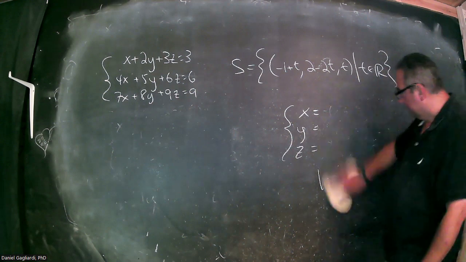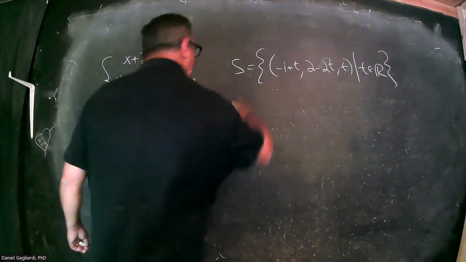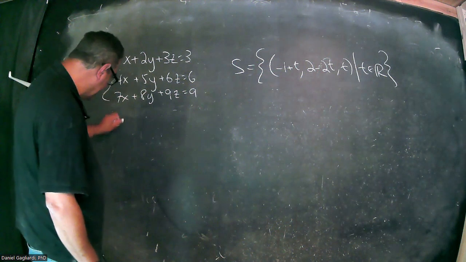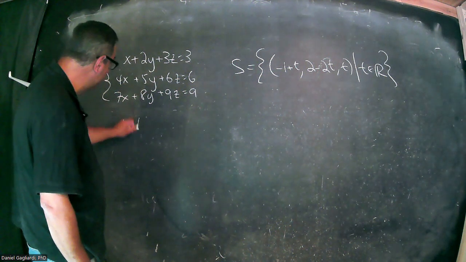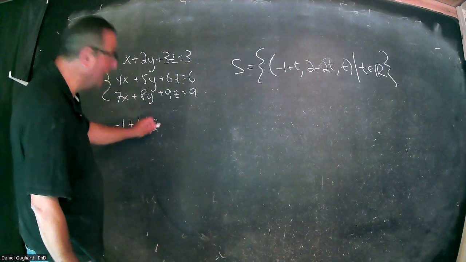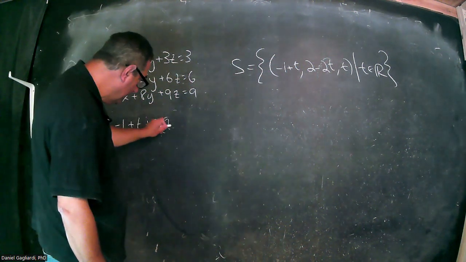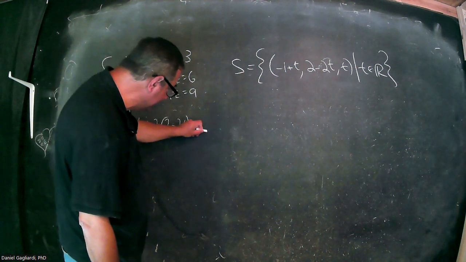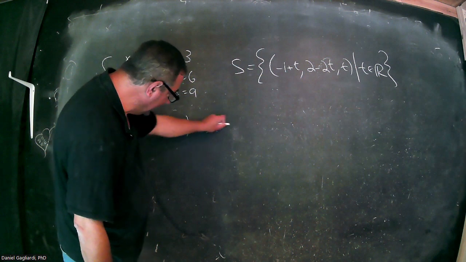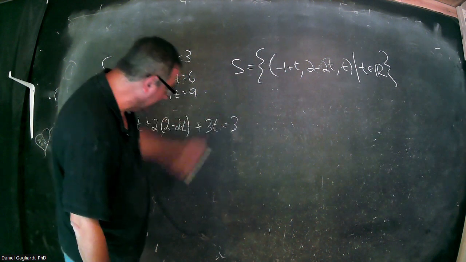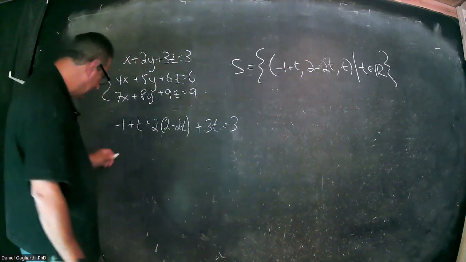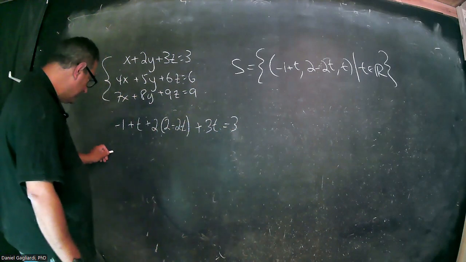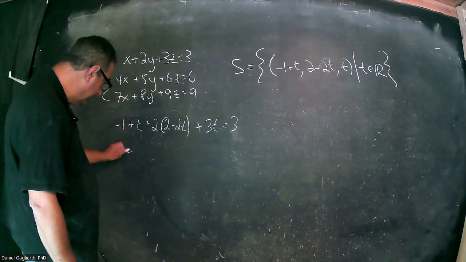Okay? All right, good. So we have x is equal to -1 plus t. So let's substitute that into equation 1, -1 plus t. Then we have 2 times y, which is 2 minus 2t. And then we have 3 times z, which is 3 times t. Now, hopefully that's all equal to 3, right? So let's see, what do we get? What do we have as far as numbers and as far as t's? As far as numbers, we have -1 plus 4.